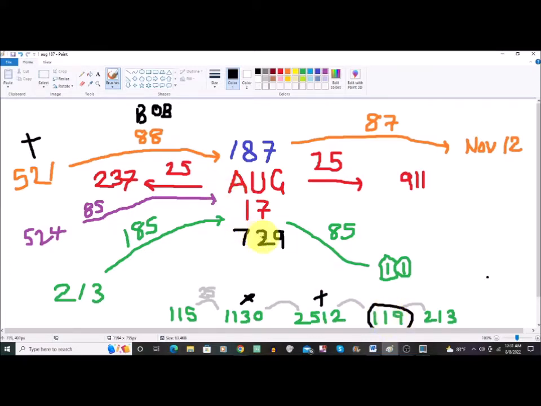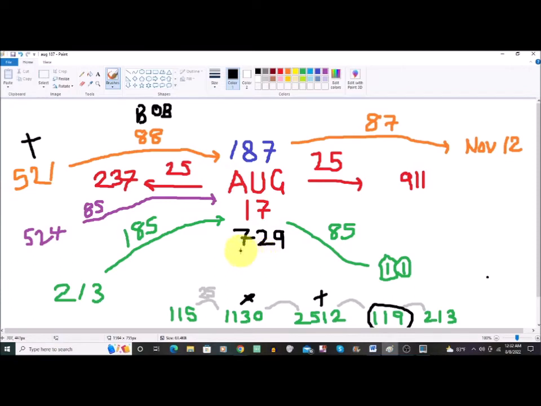So it's interesting that I can apply what is the perfect hidden 187 number here, which I think I explained in the last video, because 29 is the sum of 11 and 18, and it's also the individual reductions of those two numbers. So we have a nice hidden 7, 11, and 18 right here, a nice hidden 187 number.